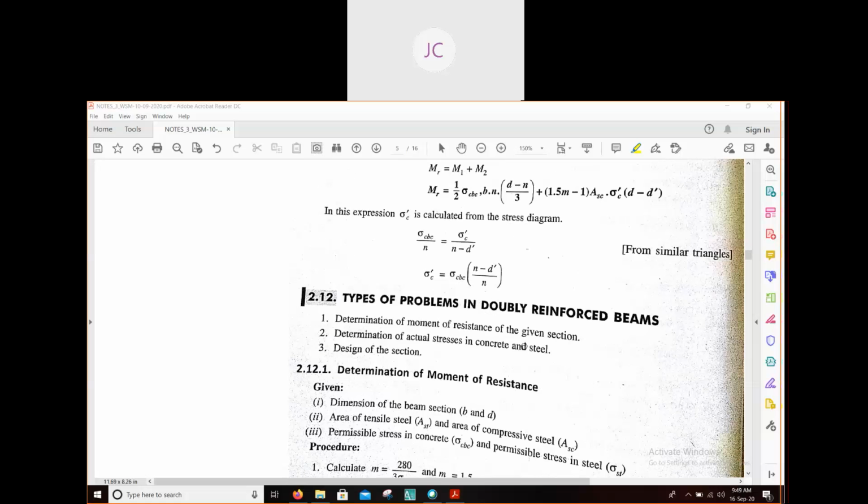So now you can see these three types of problems from doubly reinforced beam. It is the same as the single reinforced beam, only the difference will be in using the equations.